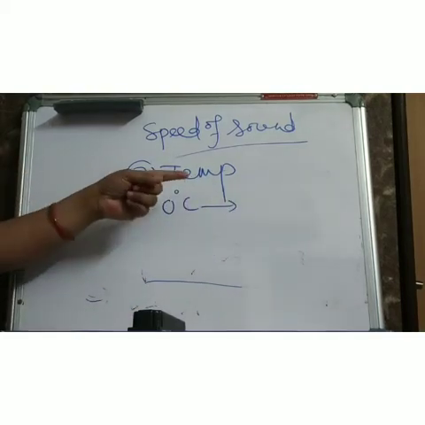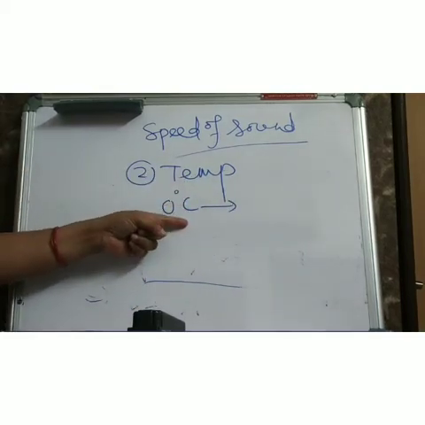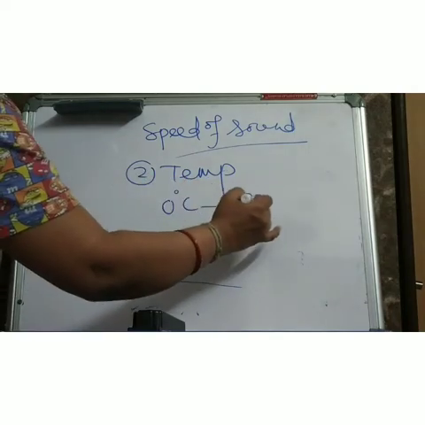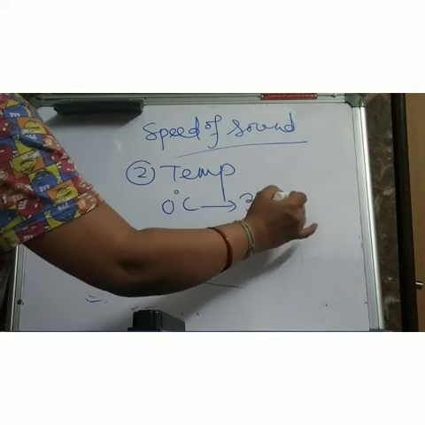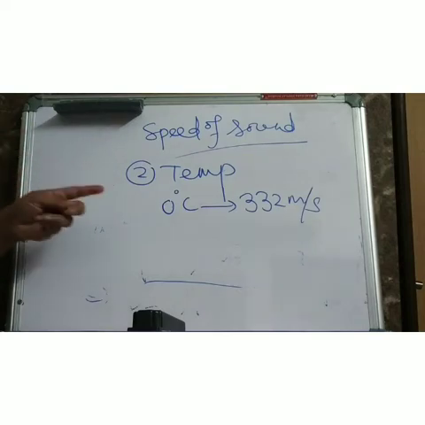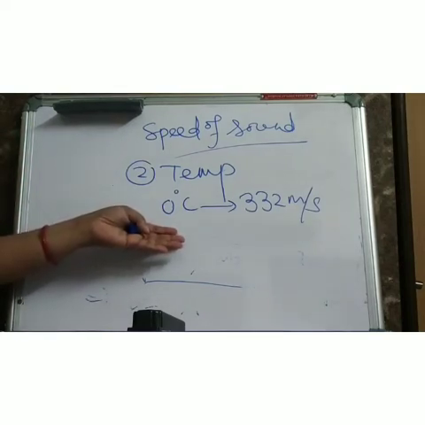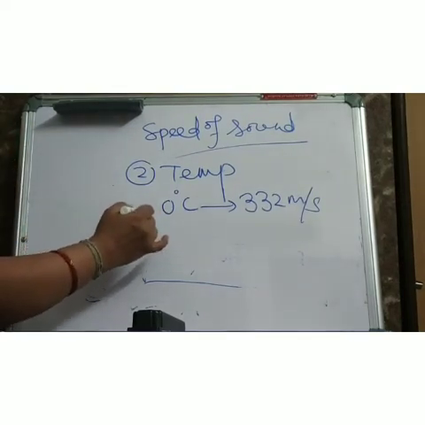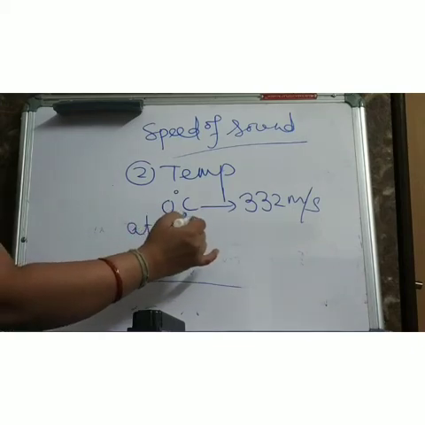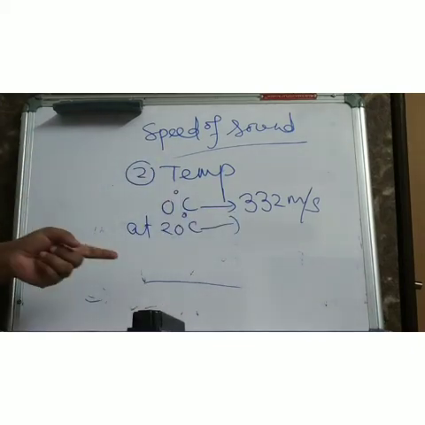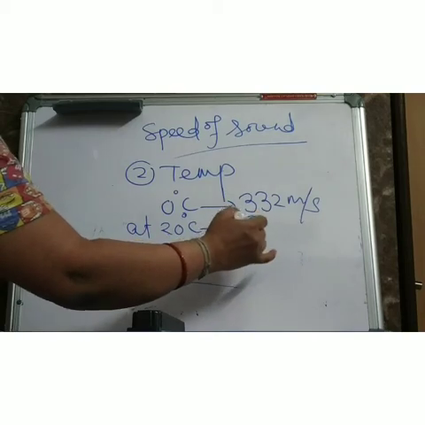Speed of the sound in air at 0 degrees Celsius is 332 meter per second. And speed of the sound at 20 degrees Celsius will be how much? It is 344 meter per second.